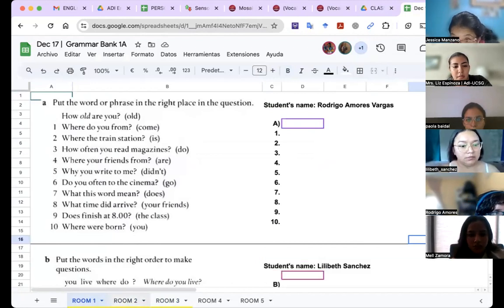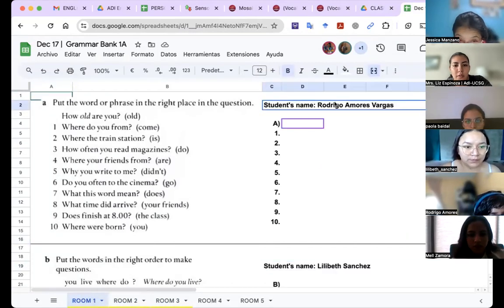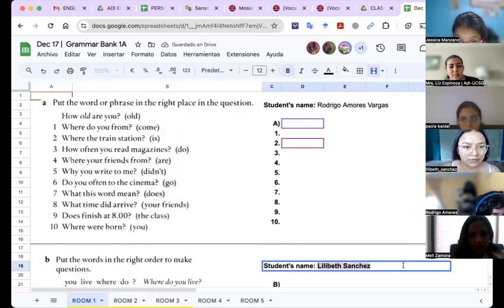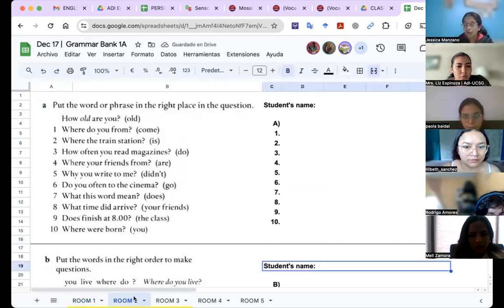Gabby, Jessica, please. Okay. So room 1 is already full. You cannot use room 1 anymore. Go to room 2.